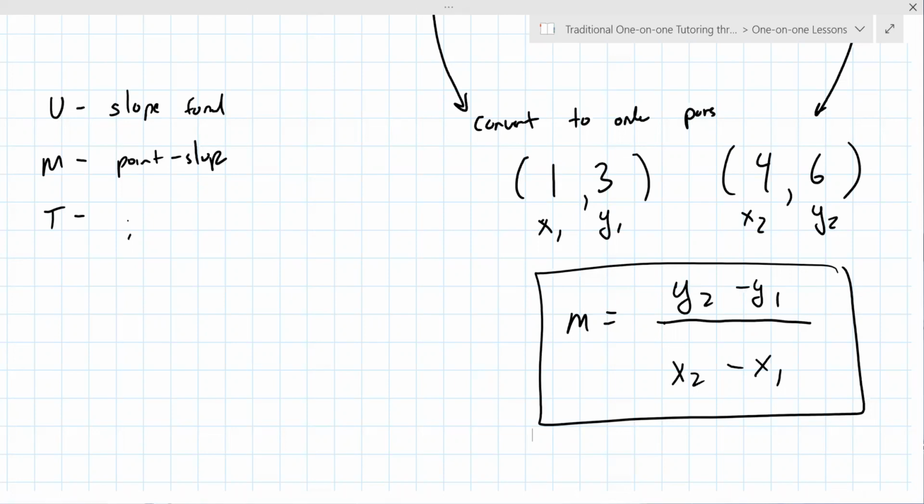Yep. X1 is 1. What does that simplify to? 3 over 3. And what does that reduce to?